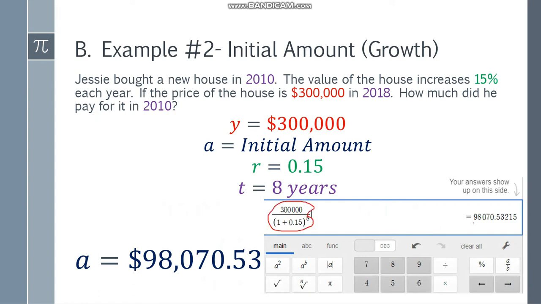At makukuha mo ay 98,070.53. So, ito yung sagot. Ang initial amount daw, nagsimula yung presyo ng bahay ng $98,070.53 noong 2010. Dahil nag-i-increase daw ng value 15% each year, ang value niya ngayong 2018 ay $300,000 na.